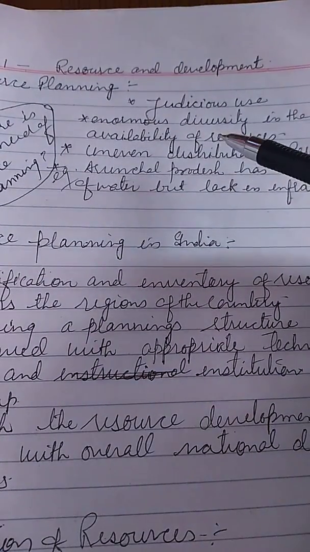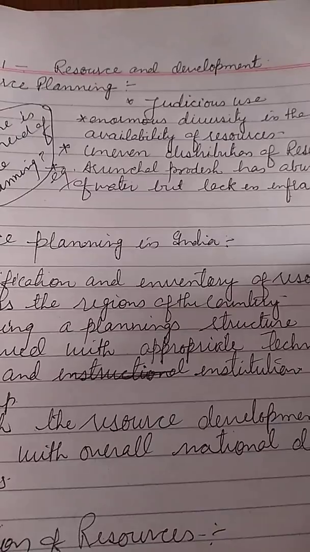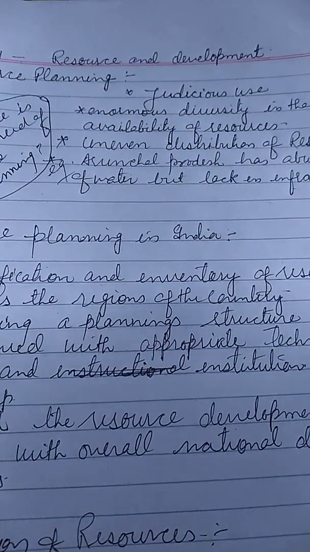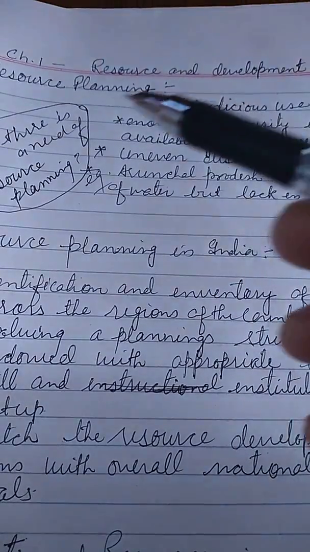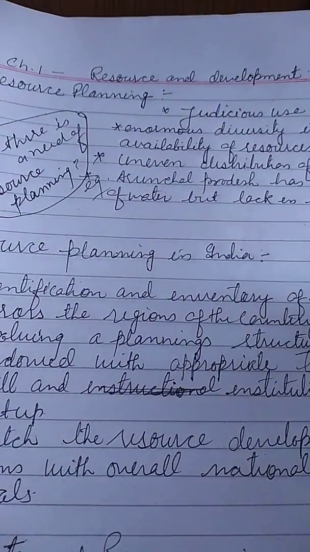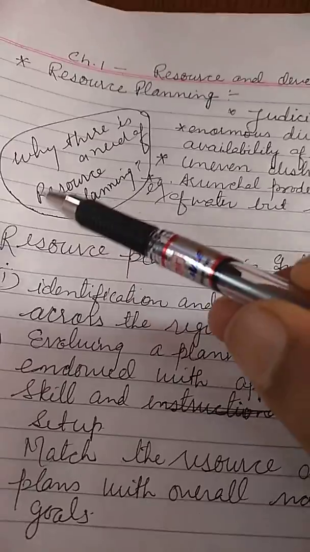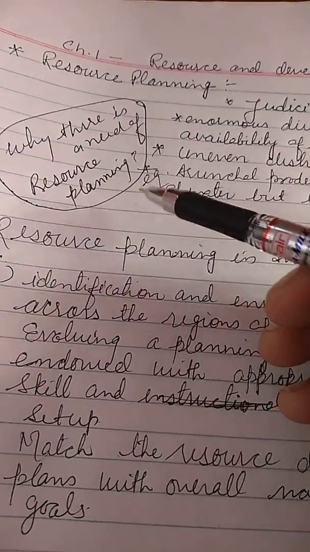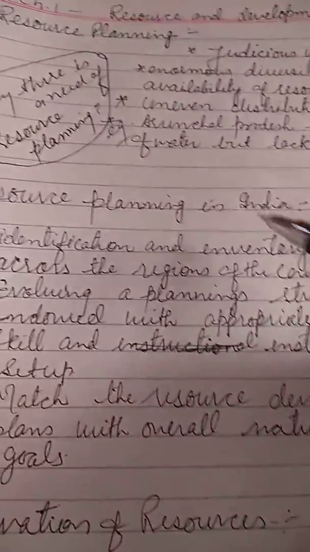So all these factors make proper resource planning necessary, so that we use the resources judiciously. Most of the time the question is asked in that form: why is there a need of resource planning?